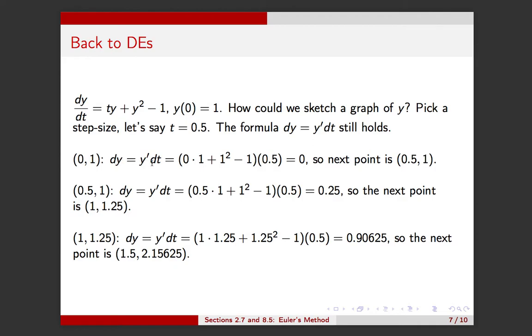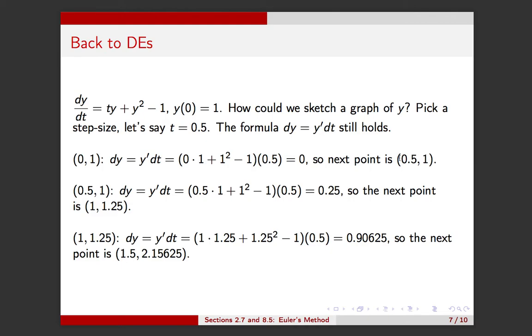So y prime times dt: I get 0 plus 1 minus 1, which is 0. 0 times 1/2 is 0. So what does that mean? If we take a 1/2 step to the right, we estimate y doesn't change. If y used to be 1, then y will still be 1. The change was 0. So a 1/2 step to the right meant no step vertically, neither a step down nor a step up.